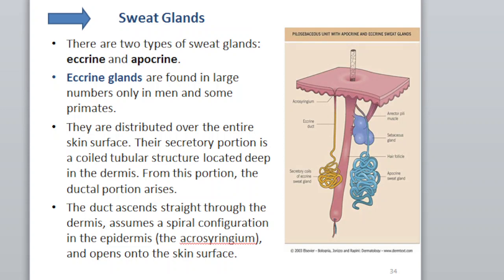Their secretory portion is a coiled tubular structure located deep in the dermis. From this portion, the ductal portion arises. The duct ascends straight through the dermis, assumes a spiral configuration in the epidermis, the acrosyringium, and opens onto the skin surface.